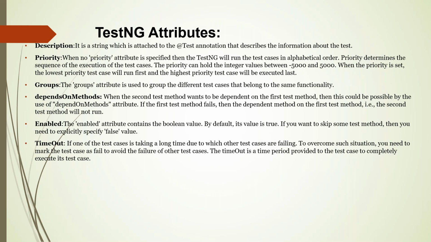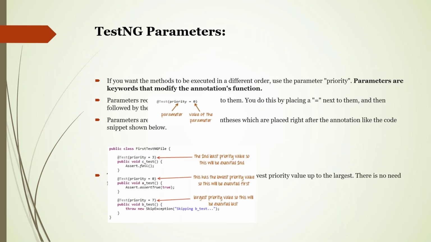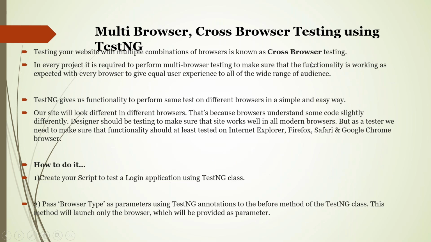What is happening is it is taking a long time due to which others are failing. To avoid such failures of test cases, we give the timeout and the time period. For other test cases, if it is taking 10 seconds, here I will give 50 seconds because I want it to wait and I want the test case to pass instead of keeping it as timeout and not executing. Okay.